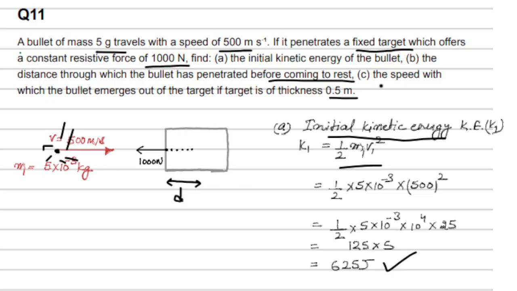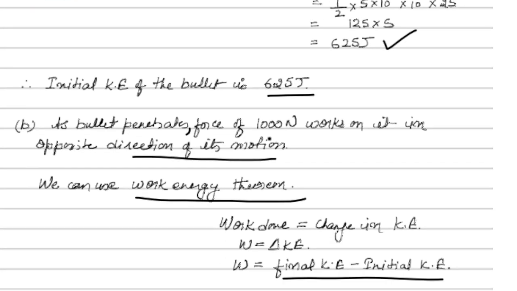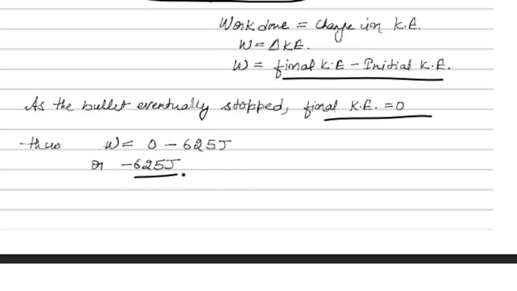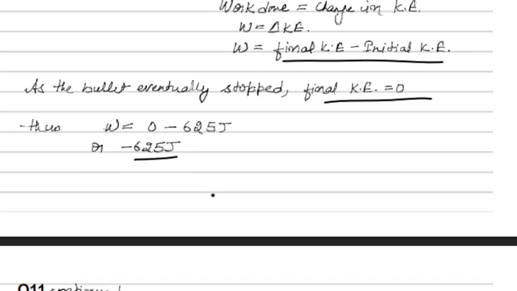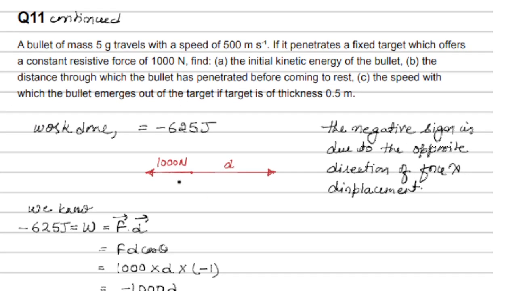Now let's do the second part of it, the distance through which the bullet has penetrated. Let's calculate that. Okay, so work done, we know it is minus 625 joules. So this much work the force was doing, and this much distance it will act on. This distance we don't know, but we know the work done.